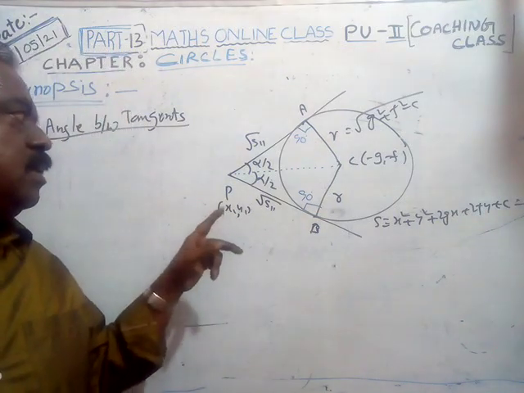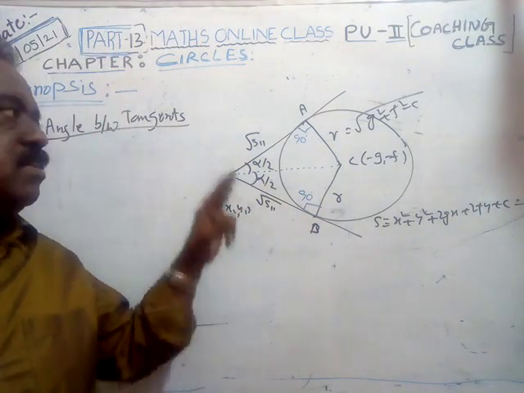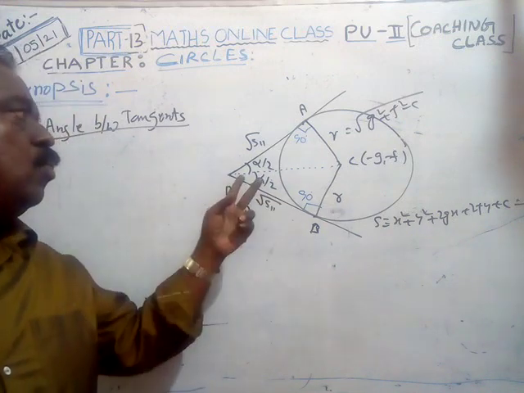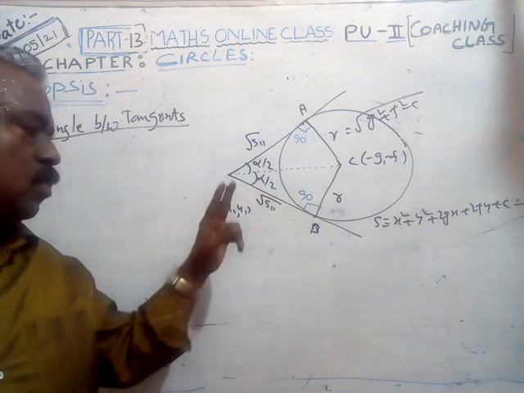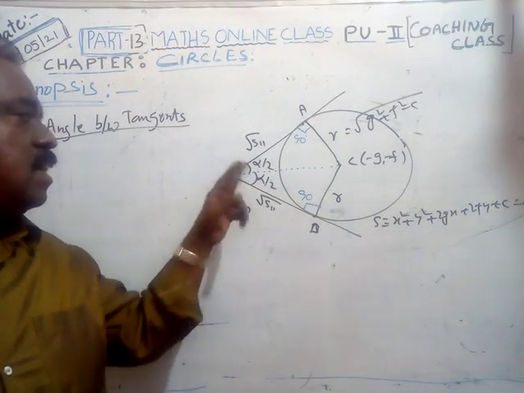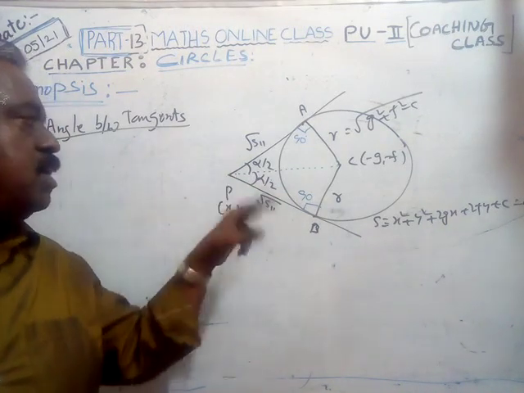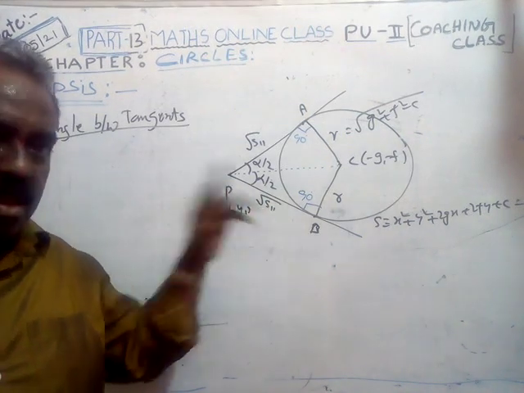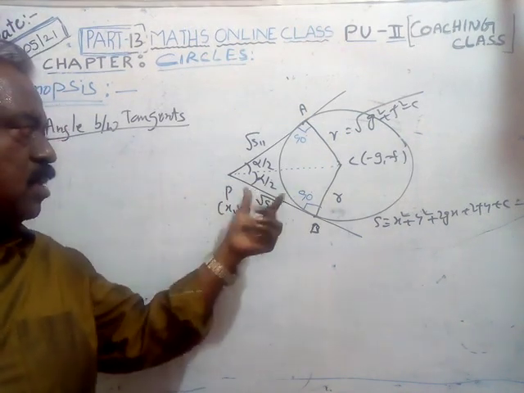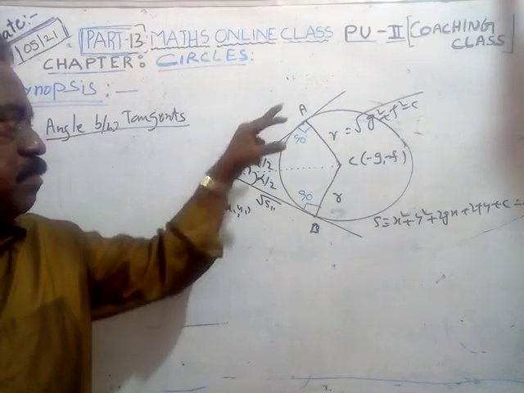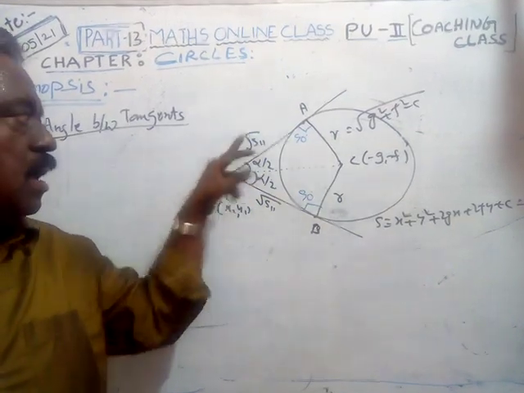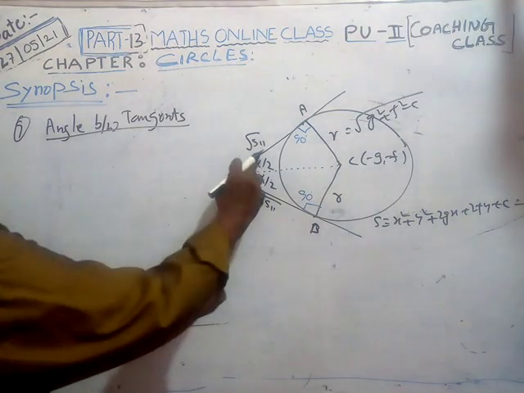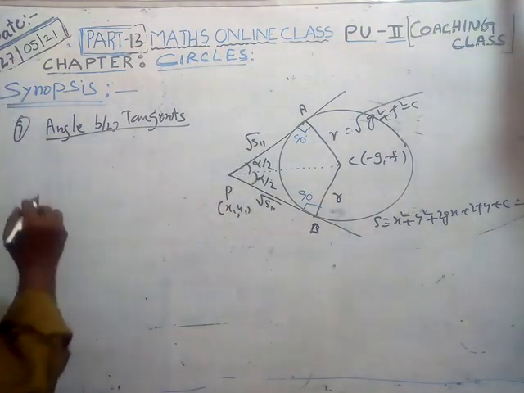By mensuration, only two tangents can be drawn from an external point to a circle. That is one thing. And those lengths of tangents are the same. PA and PB are the same length. And this line joining PC is the angle bisector of the angle between the two tangents. Okay, na? That is why I am taking alpha by 2, alpha by 2.